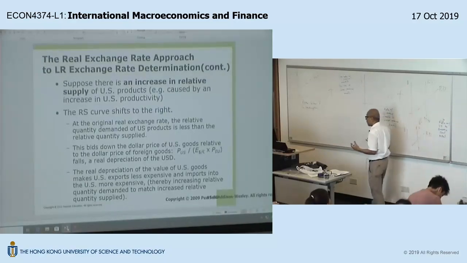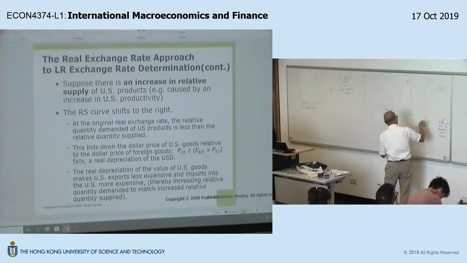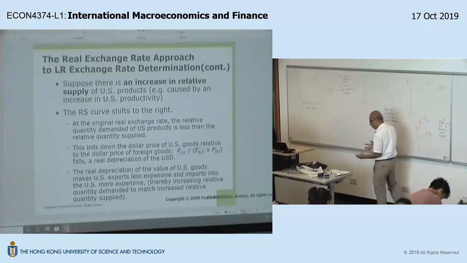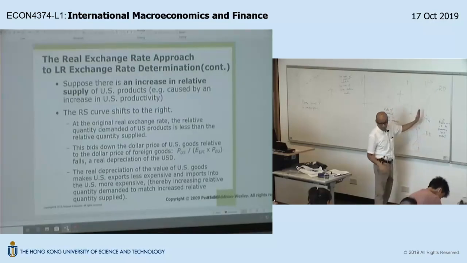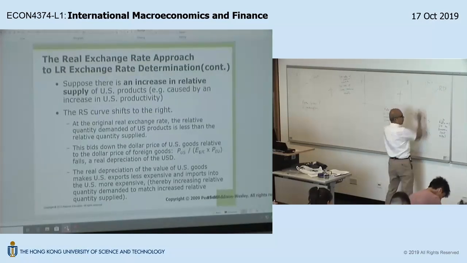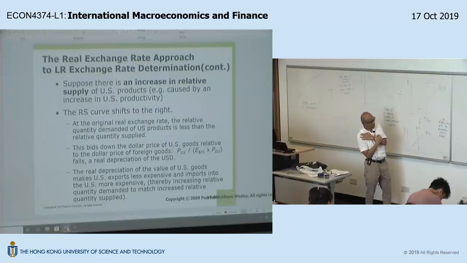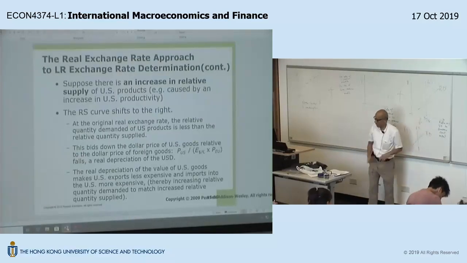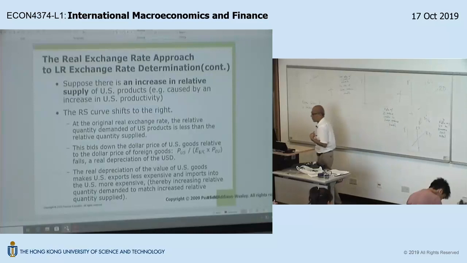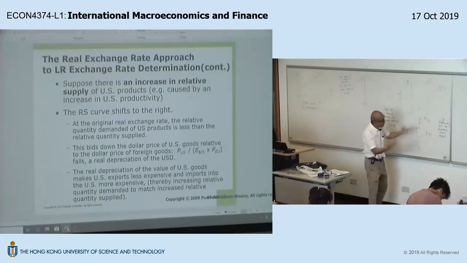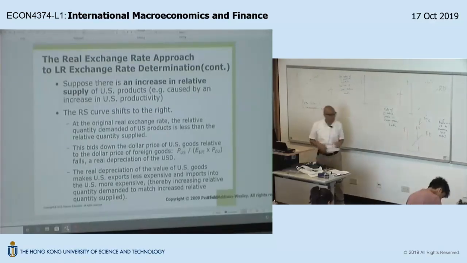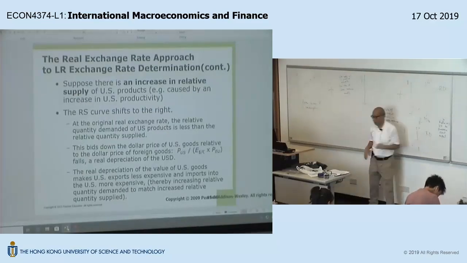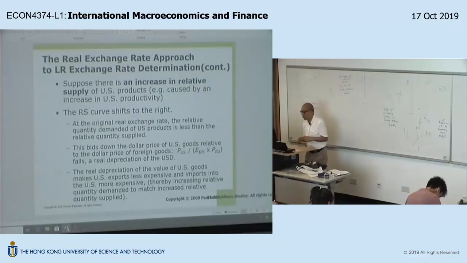If the country becomes more productive, for example through technological change in the U.S., or an increase in labor productivity in the U.S., all this will shift the curve right and lead to real depreciation of the currency. So U.S. goods become cheaper.